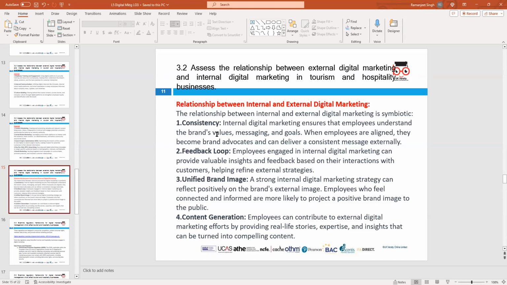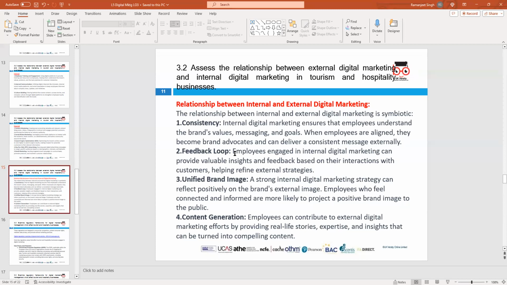So this will help the organization build up its values. Feedback, okay. Secondly, the relationship between internal and external marketing is important in feedback and building brand image. Employees should be engaged by providing the right feedback.